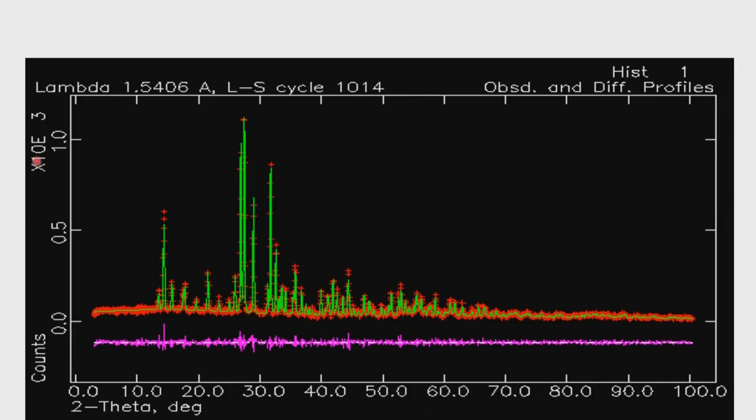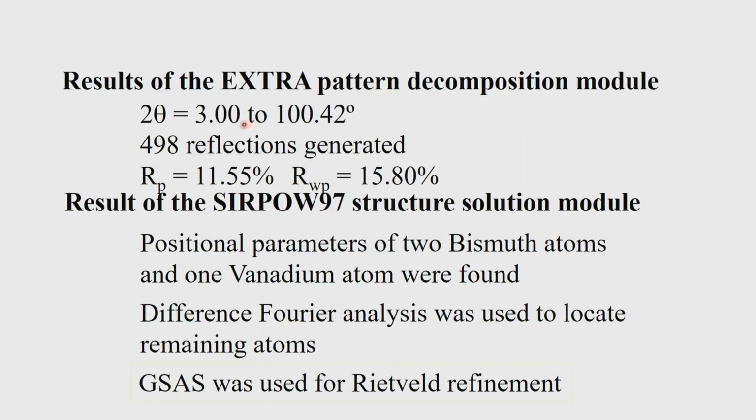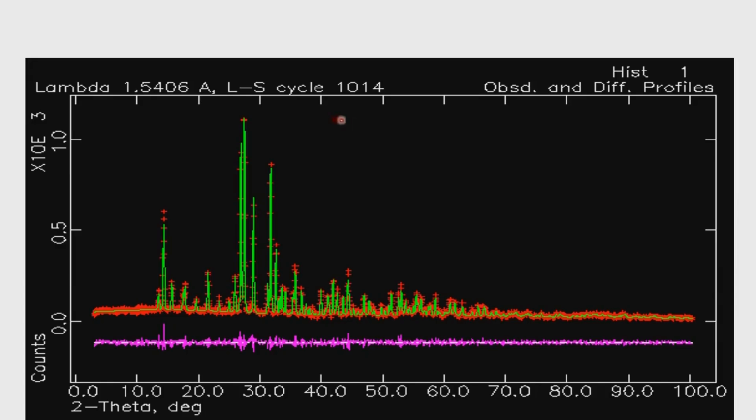Okay, so we have this powder pattern. So, we now want to determine the structure of that compound. How are we going to do that? What we do is we go back and look at the 2 theta values. We take the 2 theta values from 3 to 100.42, and the data are collected at 0.02 degree intervals. That means we have a very large number of observations, and what we do here is to consider each one as an observation.